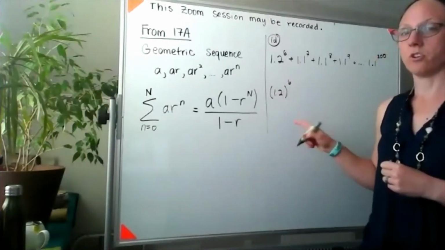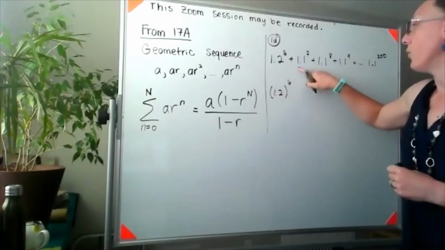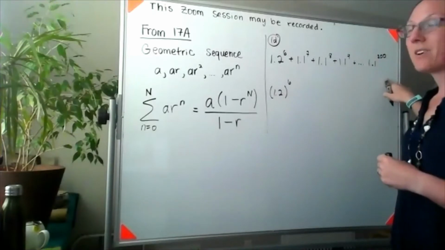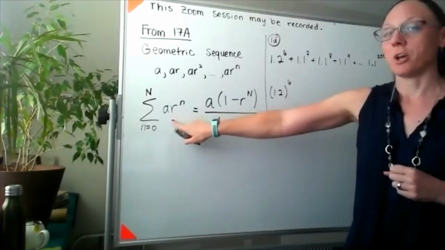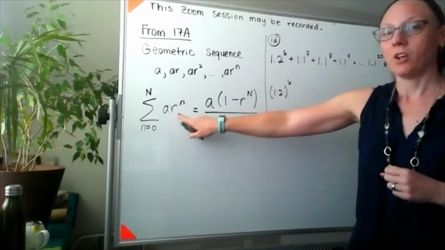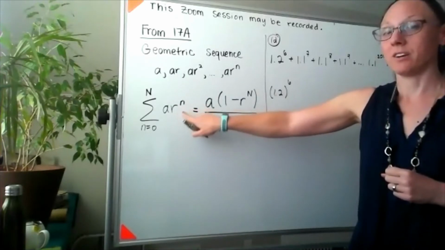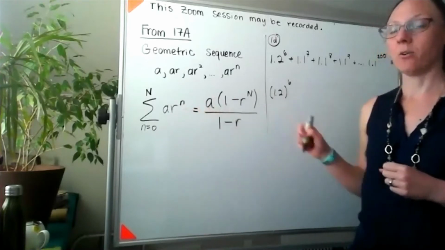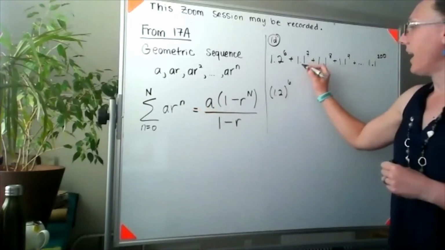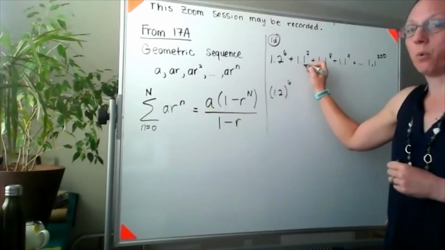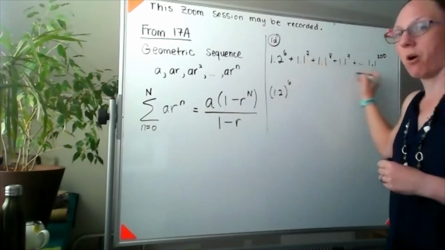1.2 to the 6th. For the remaining terms, in order to make it match up better with our formula, with a power that's starting at 0, I'm actually going to factor out 1.1 to the 7th from all of the terms.